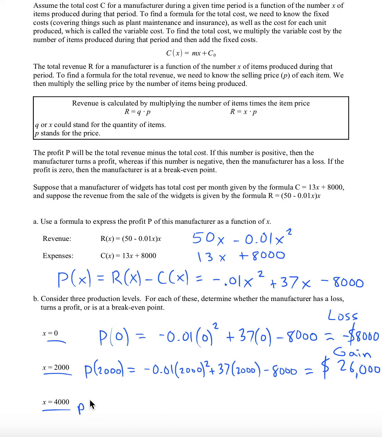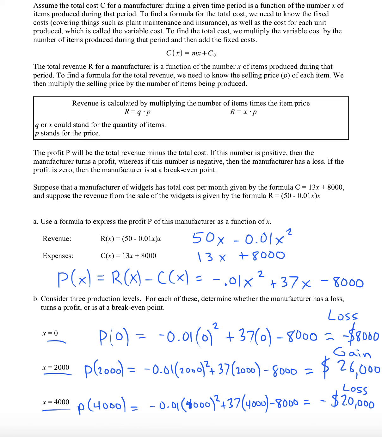Let's see if they make 4,000 units, what'll happen. Will they have a profit or a loss? Oops, negative 0.01 times 4,000 squared plus 37 times 4,000. All right, now they have a negative $20,000. And again, that is a loss.